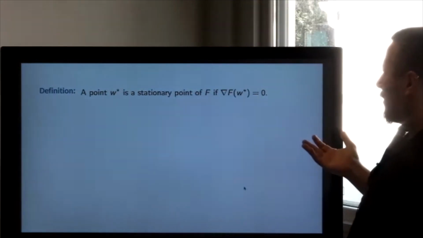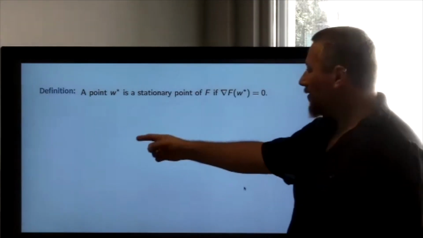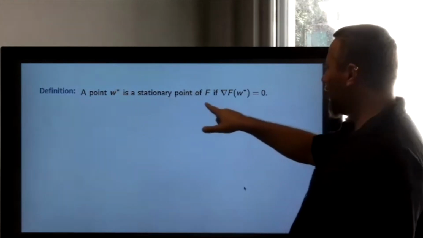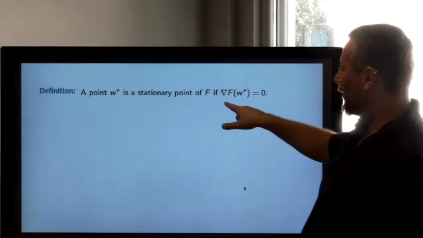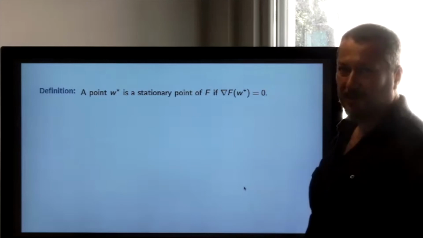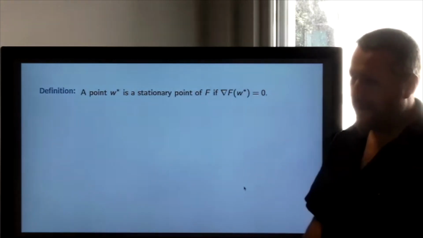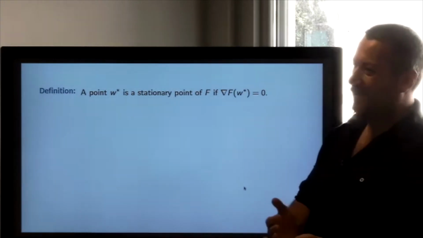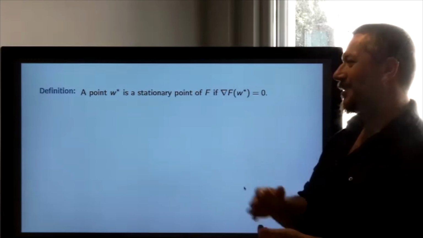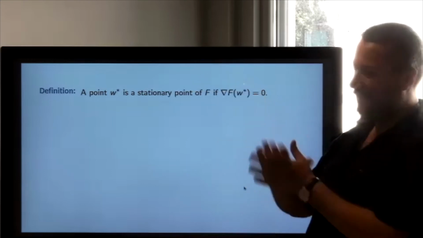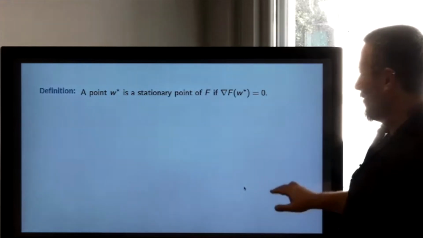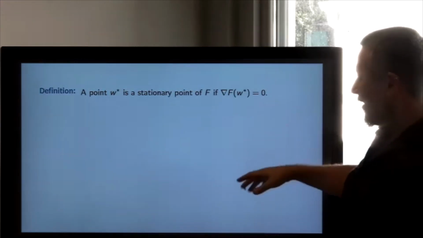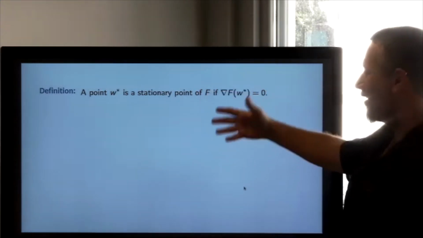I'm talking about stationary points. Here's a formal definition. It's a point where the gradient of the objective function is 0. So it can be a local min, local max, or none of them, but it's a stationary point.